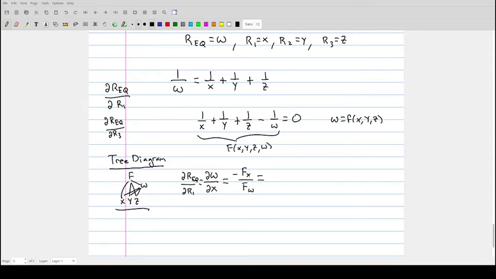The partial derivative of F with respect to X is the partial derivative of 1 over X, that's negative 1 over X squared, divided by the partial derivative of F with respect to W, which is going to be negative 1 over W squared. This is equal to then just W squared over X squared, or (W over X) squared.